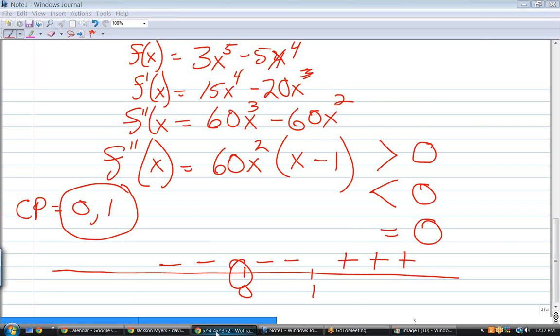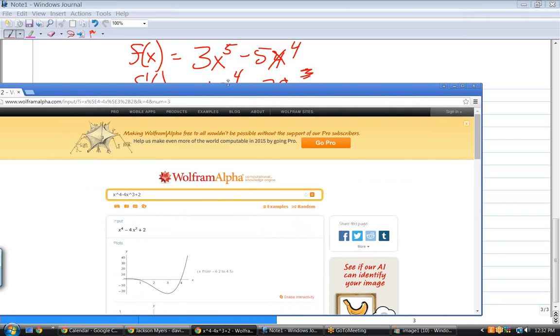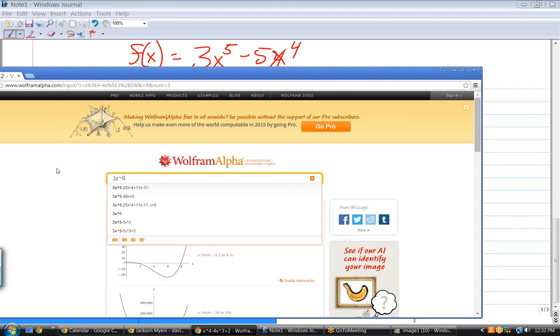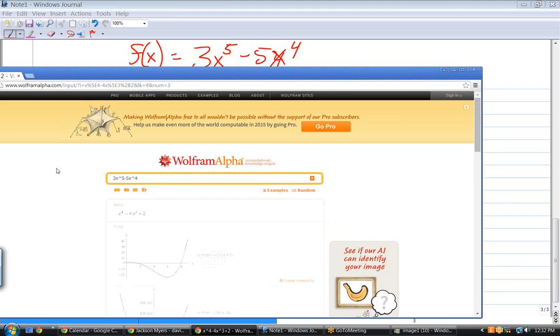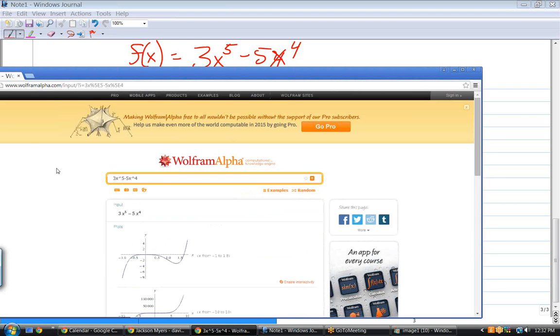Let's put this thing on Wolfram Alpha and take a look at it. And notice that when I'm looking at Wolfram Alpha, I'm going to look at the original function. That's the one I want to see, because that's the one we're talking about. The beauty is it tells you if you put it in right.